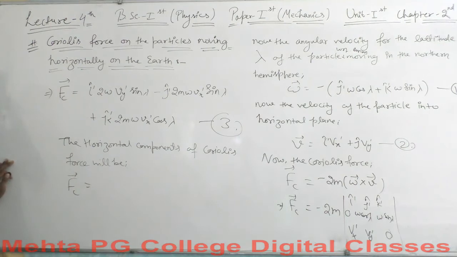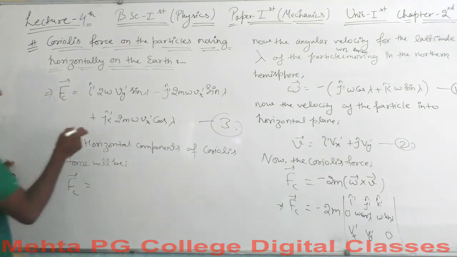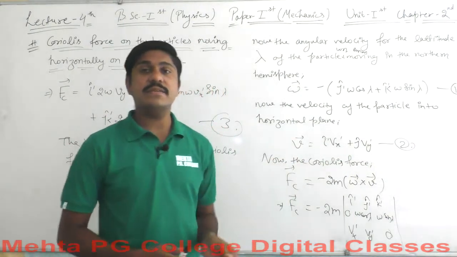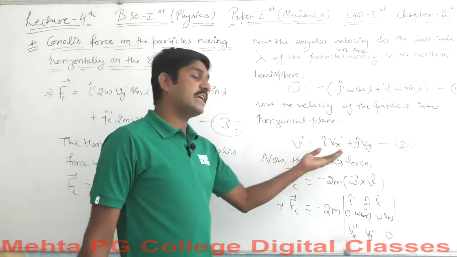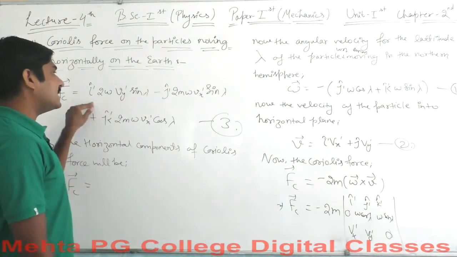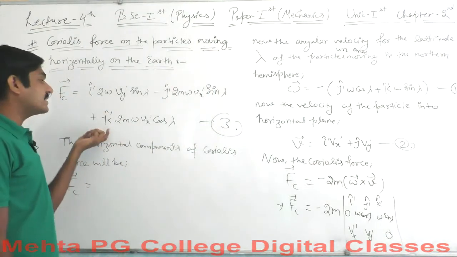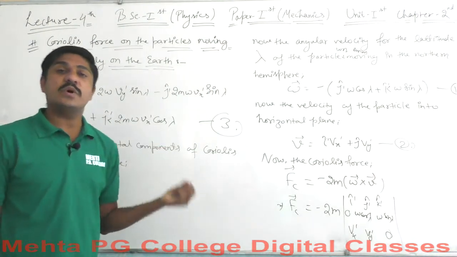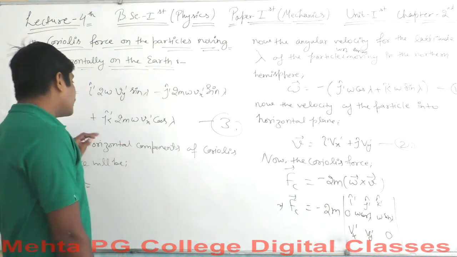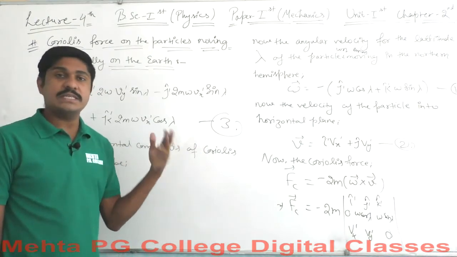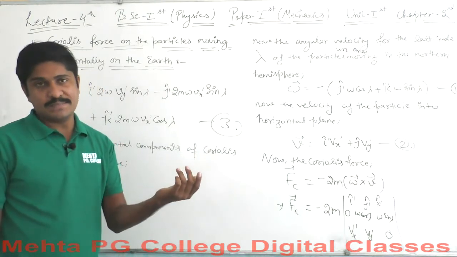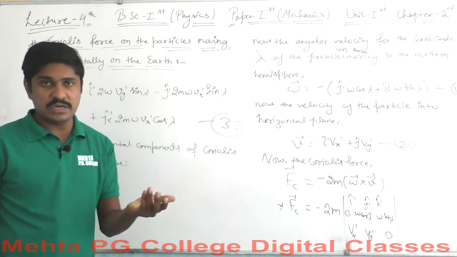So what should be the values of the horizontal components by now? You remember that we have only talked about the x-axis and the y-axis, and the vectors associated are the I dash cap and the j dash cap. So we will take only the components associated with the I dash cap and the j dash cap. We will neglect the k dash cap component because this is not in the horizon. According to our assumption, the component associated with the k dash cap will lie vertical to the plane. So this has no horizontal component by now.